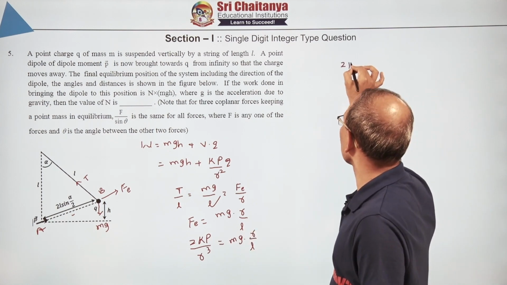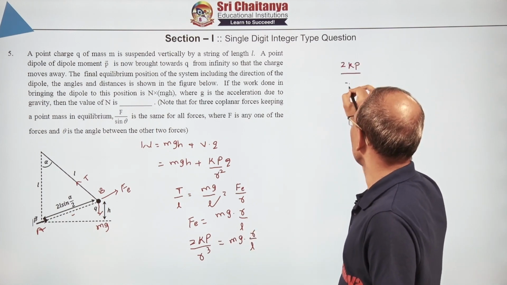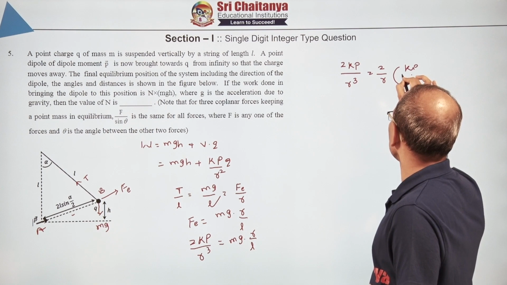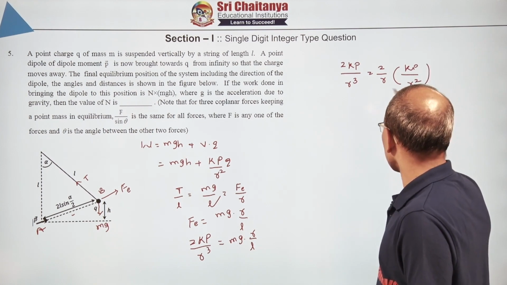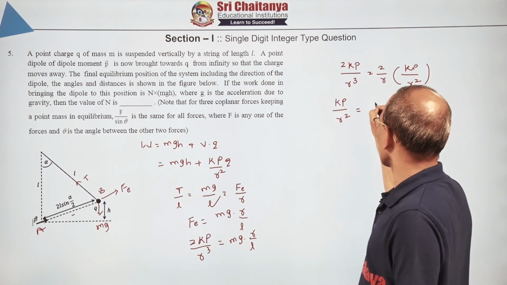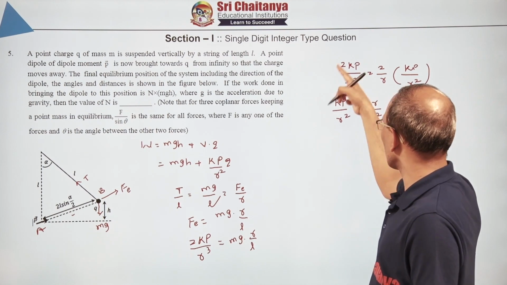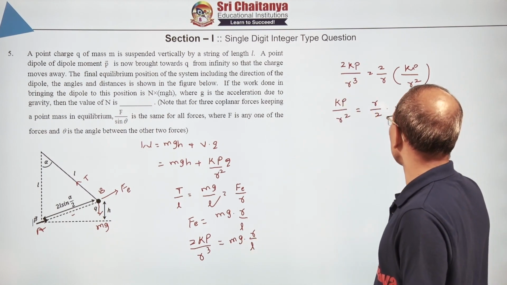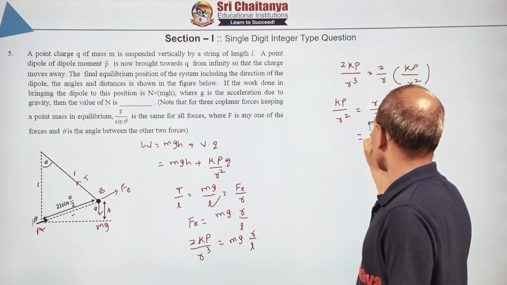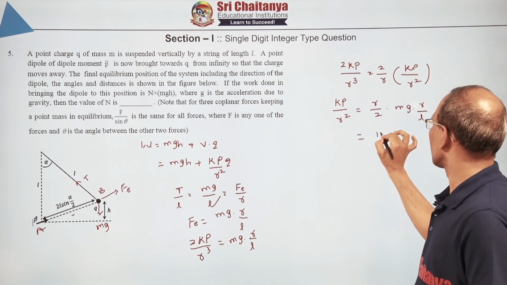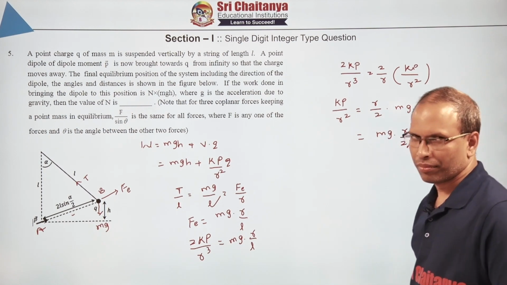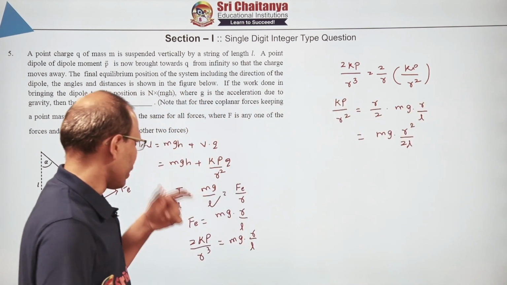So we can write 2kp by r cube as nothing but 2 by r into kp by r square. So kp by r square can be written as r by 2 times this, which is r by 2 into 2kp by r cube, which is mg into r by L. So we get this as mg into r square by 2L. So this is what we have got here, kp by r square.